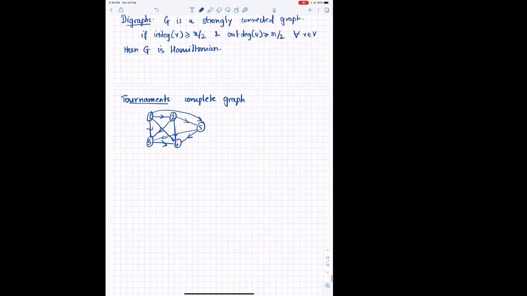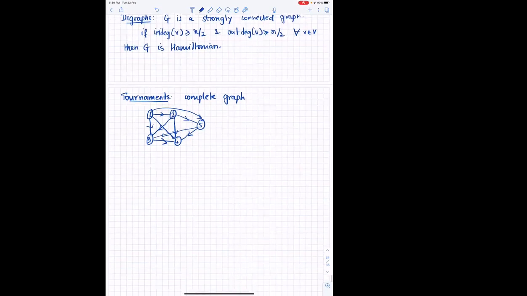Now the question is, does every tournament have a Hamiltonian cycle? Or is every tournament Hamiltonian? Not necessarily. We can just take an edge from i to j if i is less than j.